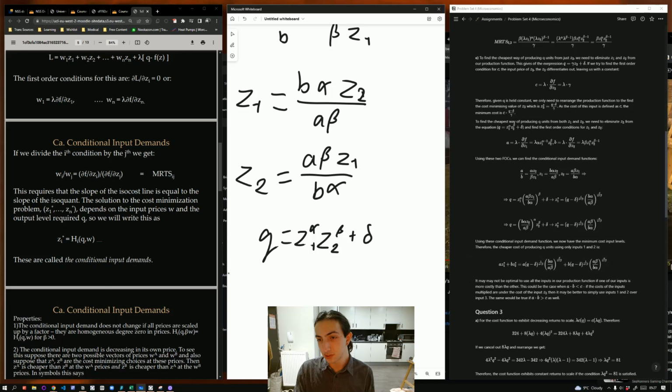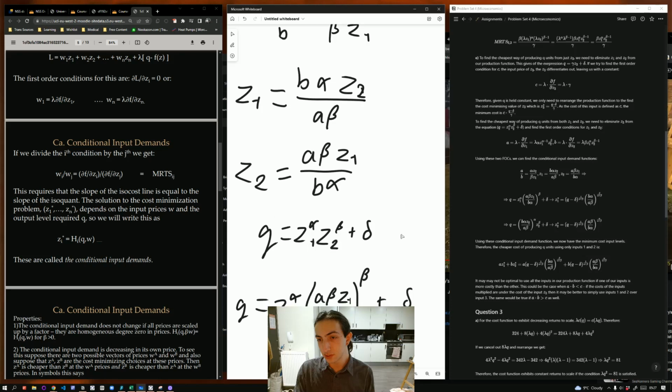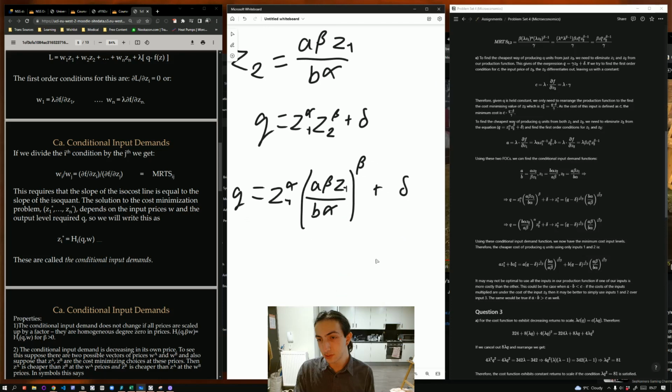So for example, if I'm finding the conditional input demand function for Z1, let's start with that. I'm going to replace the Z2. So it's going to be Q equals Z1 alpha, and then I'm going to replace Z2, to the power of beta, plus delta, with A beta Z1 over B alpha. Now you have an expression in terms of Q and Z1.